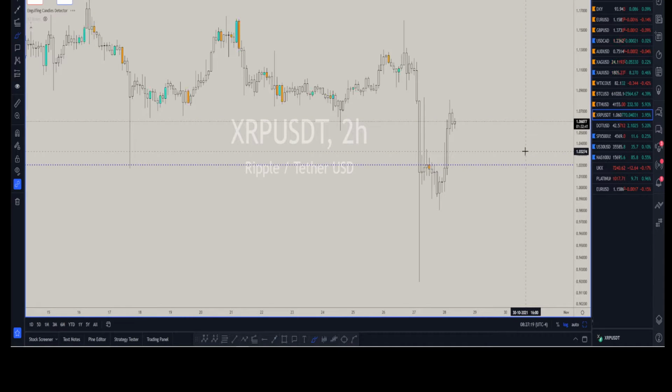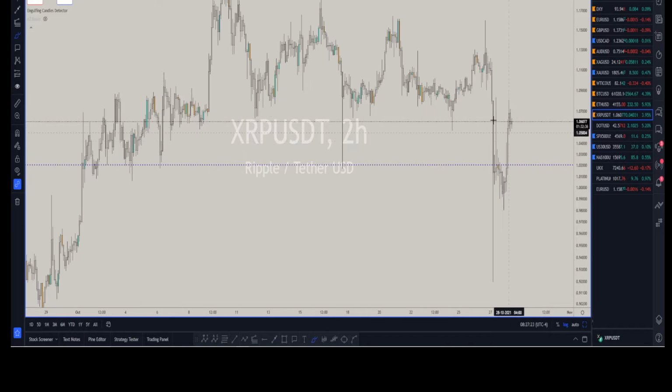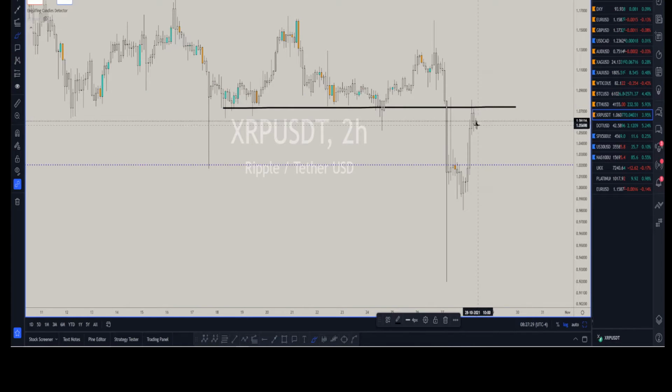XRP, retesting structure. I would love this to go back inside the structure. When it goes back inside the structure, any pullback, give it more time, give it a couple of till the end of the day or something, let it go.